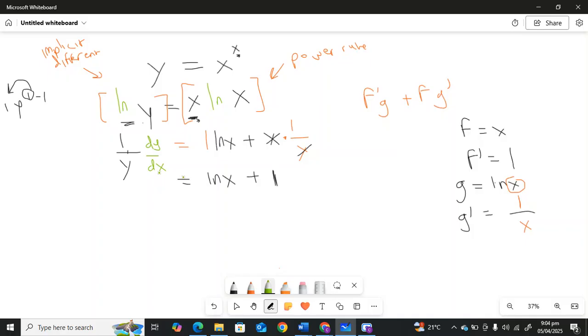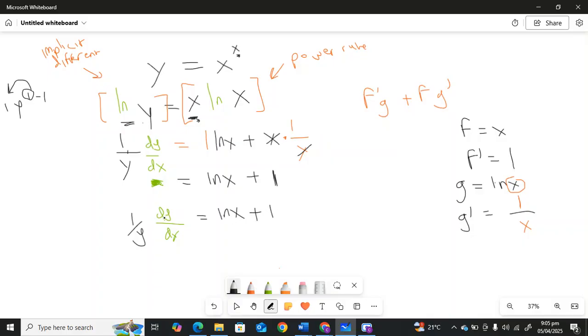So now, once this dy dx has come into the equation here, we have to make this dy dx the subject of the formula. So the way our expression is, 1 over y dy dx equals natural log of x plus 1.